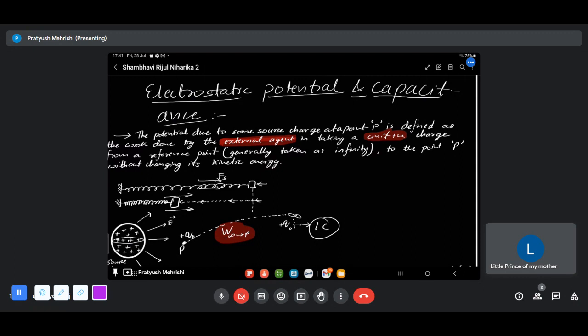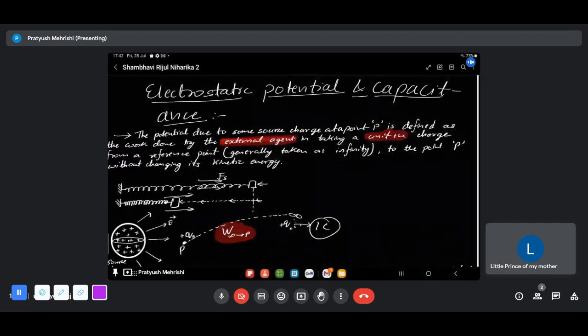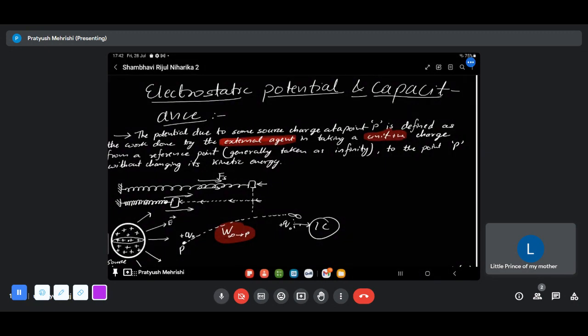See, let's see first. Till now we have studied about electric field. What is electric field? Electric field is the region where force because of a charge can be experienced by another charge.